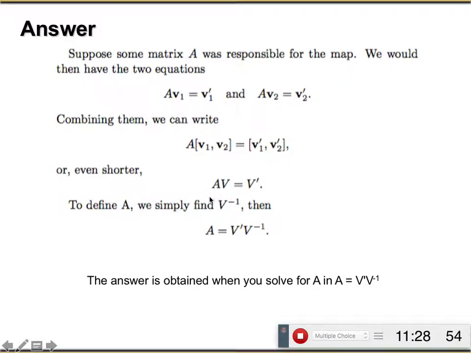And if I want to get the solution to that, knowing that A inverse times A equals the identity matrix, I can post-multiply. I can put a V inverse on this side, and this goes away to become A. I can put a V prime on the other side. The equation's still the same, as long as I multiply both sides of the equation by something that's well defined. So that tells me that A is equal to V prime V inverse.